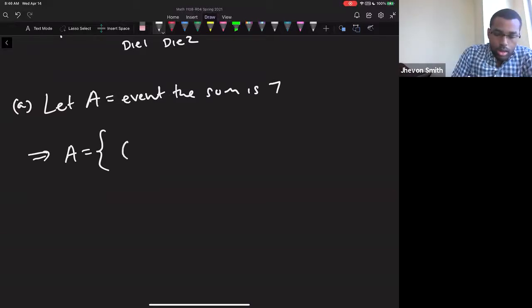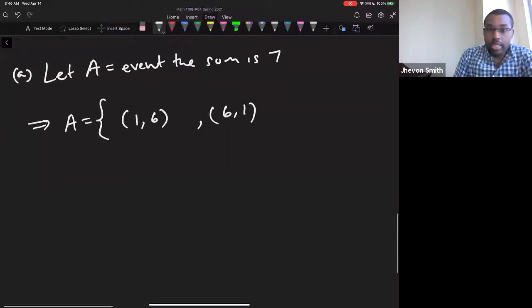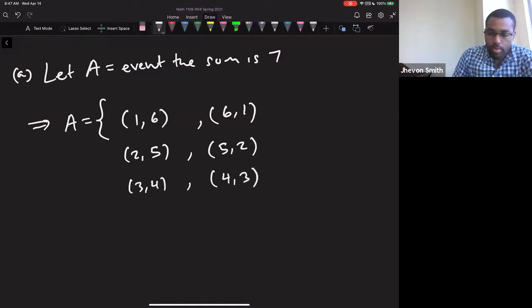The first die could be 1, and the second die could be 6. You can also go the other way, 6 and 1. Another way to get a 7, the first die could be 2, and the other one could be 5. And of course, you can go the other way, 5 and 2. Another way to get 7, well, one die could be 3, the other could be 4, or going the other way, 4 and 3.